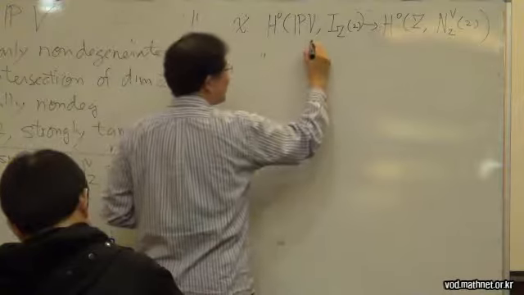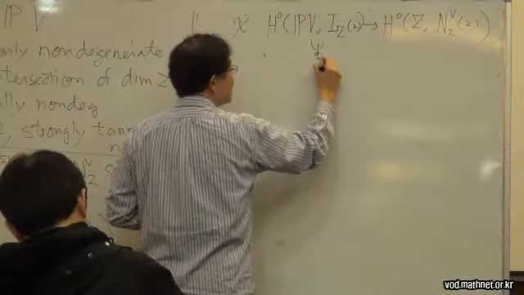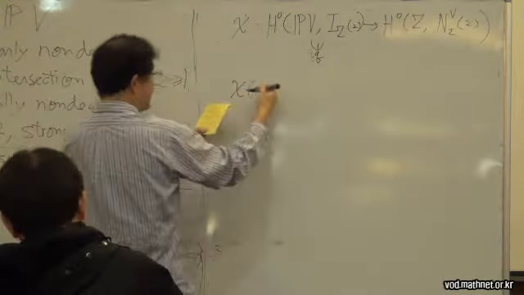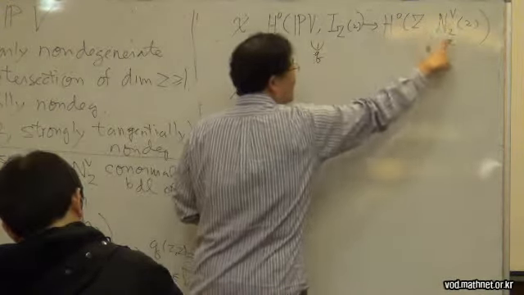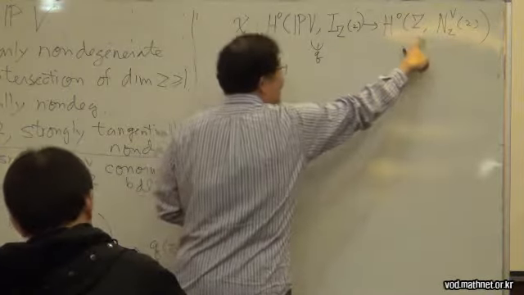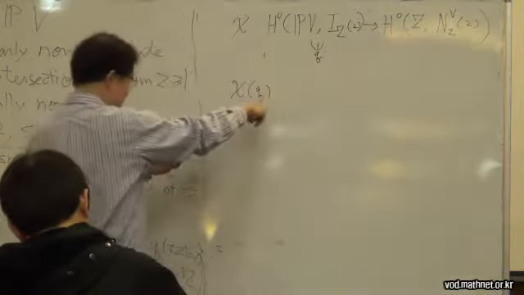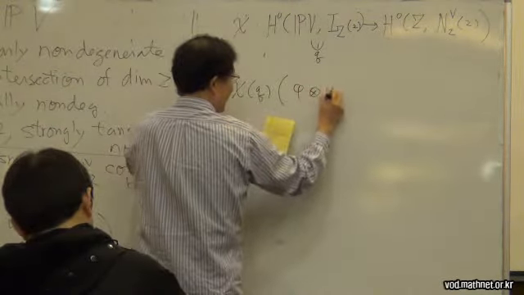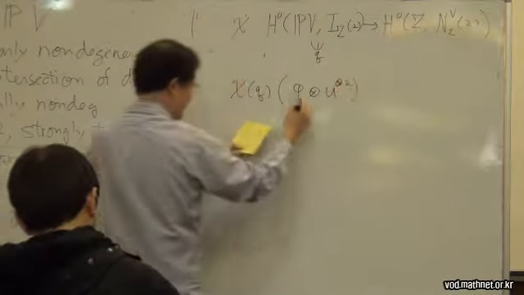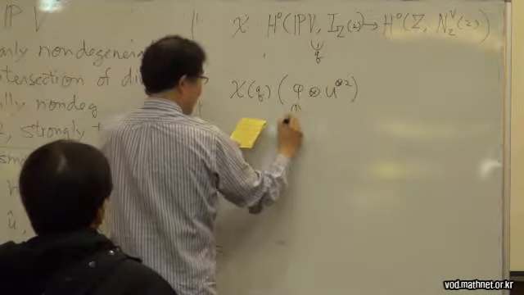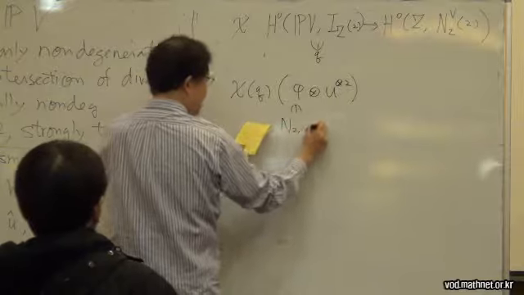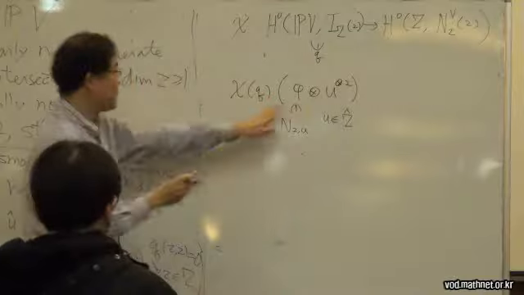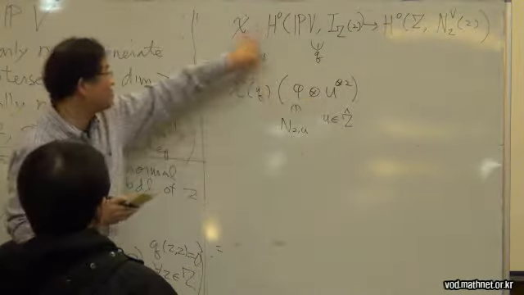Suppose you are given a quadratic form here, which vanishes on Z. Then chi Q is an element here. To specify an element here, I have to evaluate it at phi, where phi is in N Z at U, and U is in G hat.